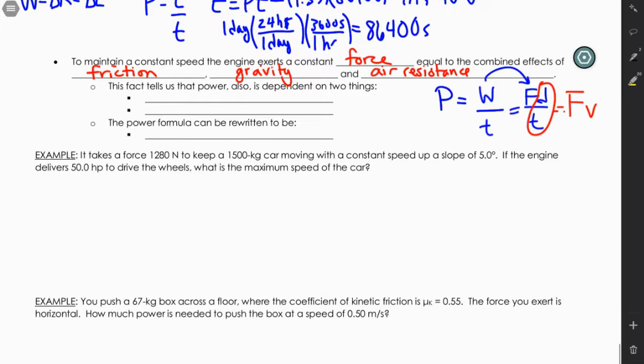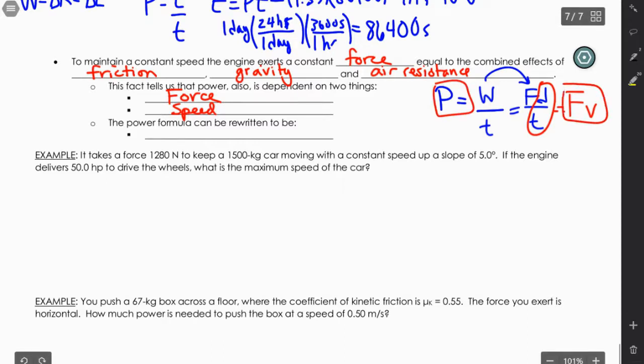So the force we have to apply to maintain constant speed has to essentially cancel out those 3 factors, which tells us by this formula that power is also dependent on 2 other things. One is that constant force we just talked about, and the other is the speed of the object. You can see right here, power is F times V.